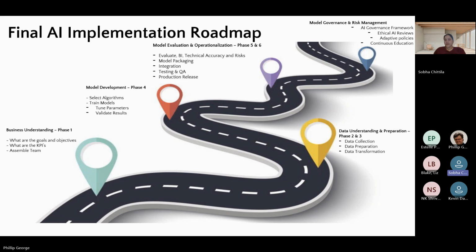The corporate data should always be protected, and we should always follow the standards and policies defined by the organization. So this is the overall AI implementation roadmap proposed by us, including the six phases of CPMAI. Moving on to the next slide.